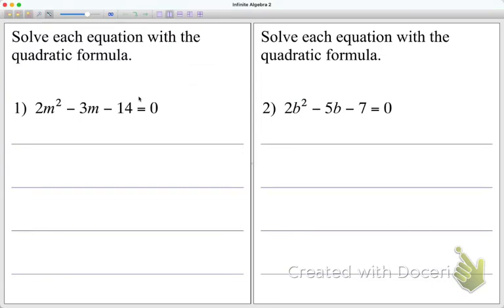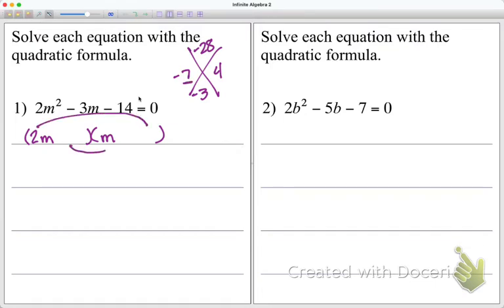Okay, so we said negative 28, and we did negative 3, and you said negative 7 and what, 4? Okay, so then we would say, well, the only factors of 2 are 2 and 1, right? Well, I need to get 2 times whatever's here, and this times this is going to give me my 7 and my 4. I can't take 2 times a number unless I want 7 halves.